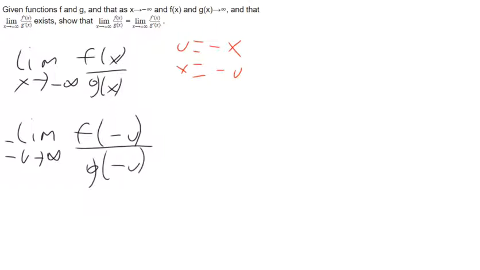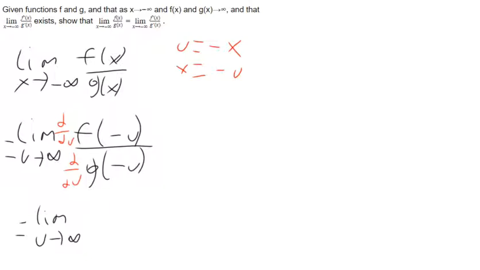And we know how to deal with this because you can see that as u is approaching infinity, the insides of these functions are approaching negative infinity. And we know that as that happens, the function values are approaching positive infinity. So we can differentiate the top and the bottom by what we just proved. So we can say that this is the limit as u approaches positive infinity.